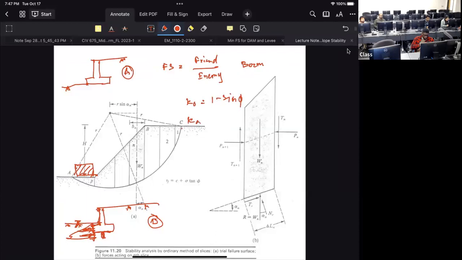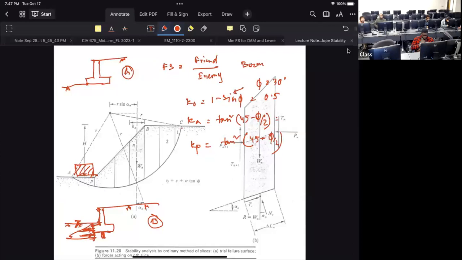Your active earth pressure coefficient is tan squared of (45 minus phi/2), and Kp is equal to tan squared of (45 plus phi/2). So let's do a calculation. Phi equal to 30 degrees. What is this value? 0.5. Your K naught is 0.5 for phi equal to 30. What is this number?